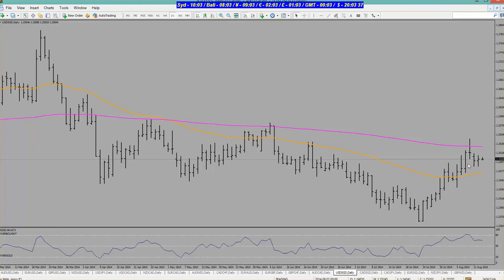We were looking at this a couple of days ago as a trend continuation short. There's a bit of a resistance line here. It didn't make this high, but you could say these lows over here are forming a resistance line.